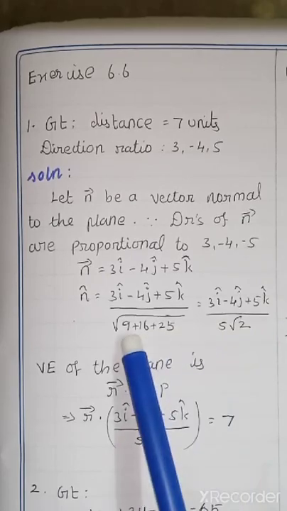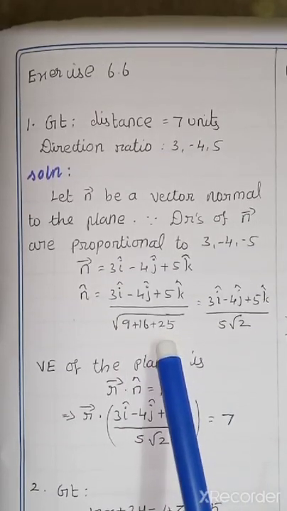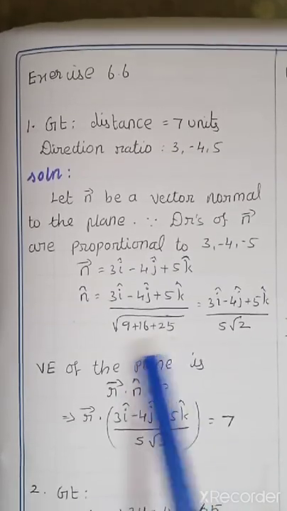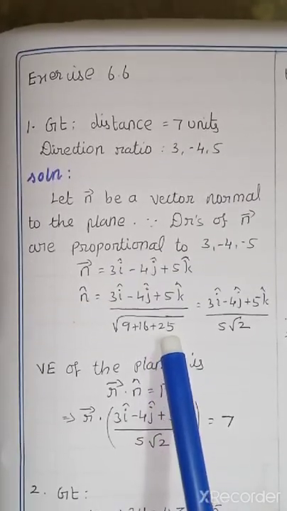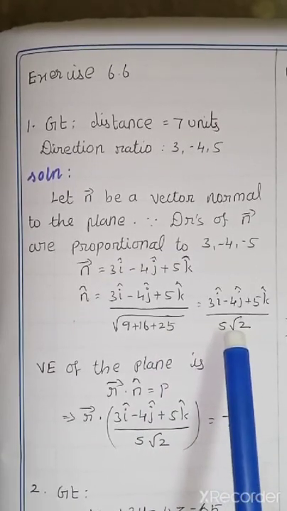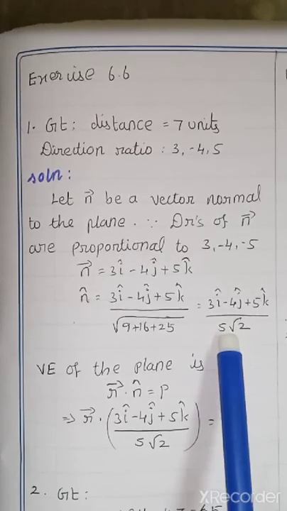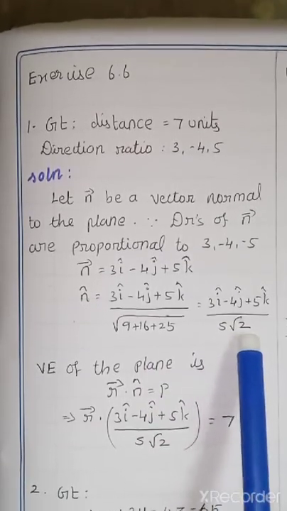And this will be 9 plus 16 plus 25, so 20, 30, 40, 50, root of 50. How can you write root of 50? 25 into 2, so root of 25 is 5. So we can write root 50 as 5 root 2.